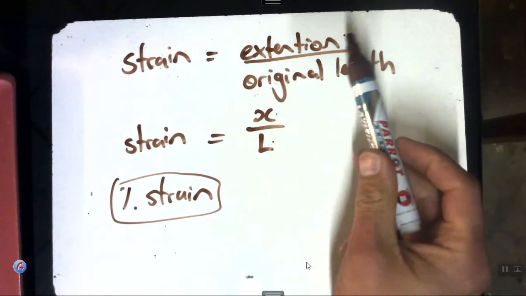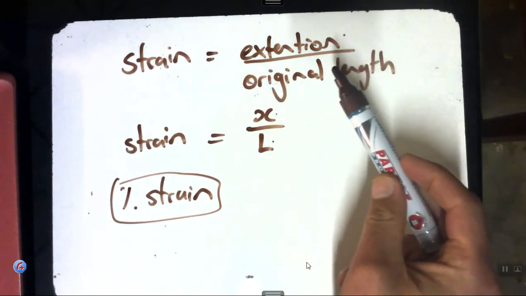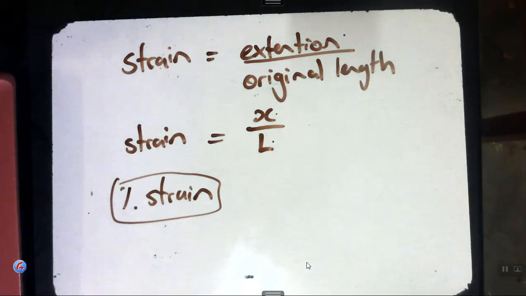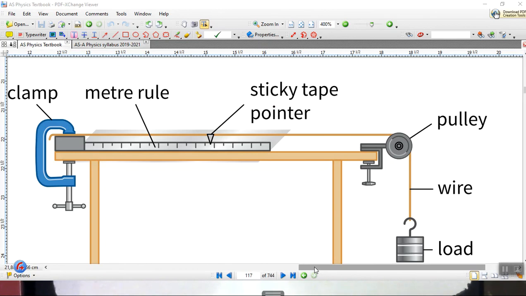So strain is the extension over the original length, and if we go back to our experiment, we see that there is a pointer next to the meter ruler, and that is used to calculate the amount of extension. We take the whole length of the wire between the load and the clamp, and then we see how much it extends when we place a load.